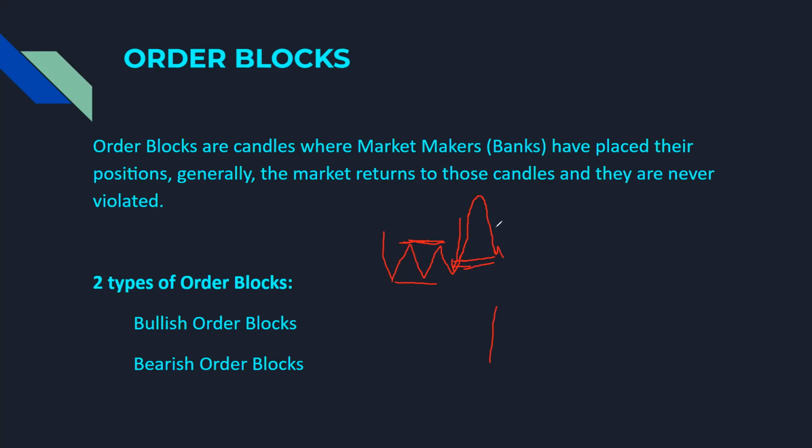I'm going to show you why I entered on gold, why I bought gold, and also why I bought GBP JPY. So let's proceed. Order blocks are candles where market makers or banks have placed their positions. Generally, the market returns to those candles and they are never violated, which simply means that when you see where market makers or banks have bought or sold, their candles are going to look different.